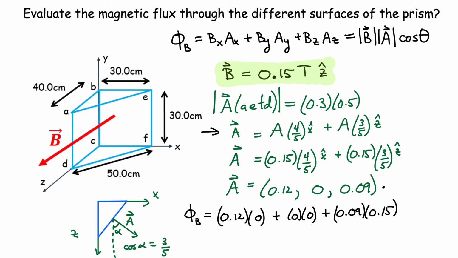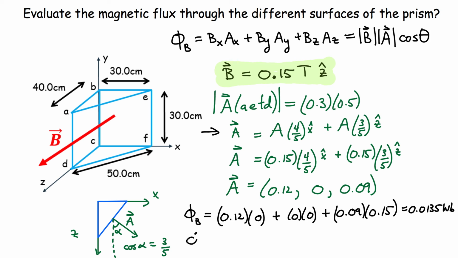If you carry out that multiplication, you should get 0.0135. Again, this is going to be in Webers. Now notice in this case that the flux gives us a positive number, whereas through that back surface we had a negative number for the flux, although the magnitude was the same.